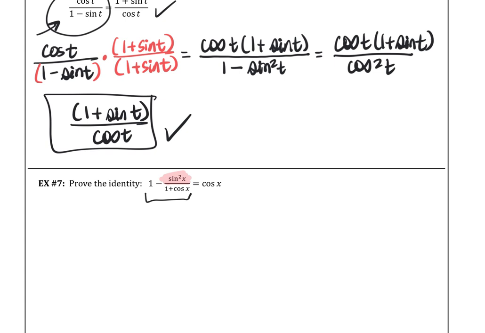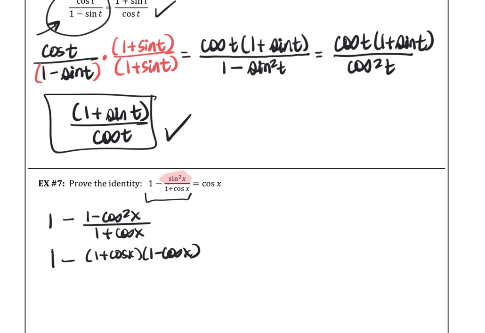So let's see if I replace that part. So I have 1 minus, sine squared would be 1 minus cosine squared. All right, so that's what we would have. And, oh, I can factor that numerator, right? This would be 1 plus cosine x and 1 minus cosine x.